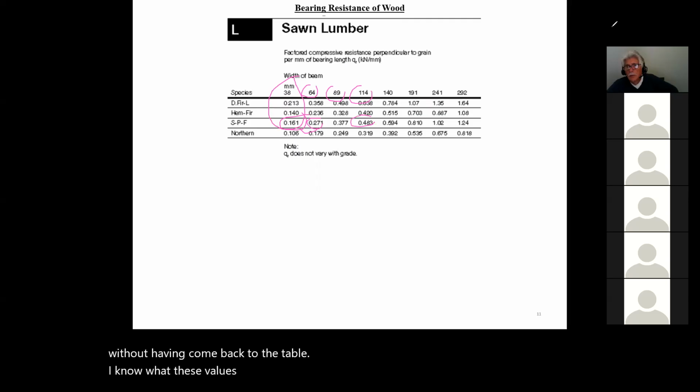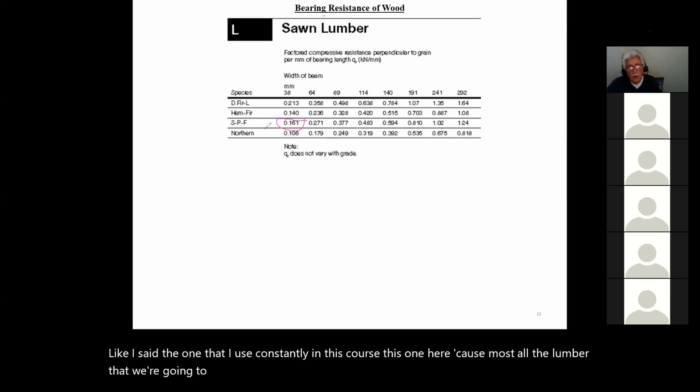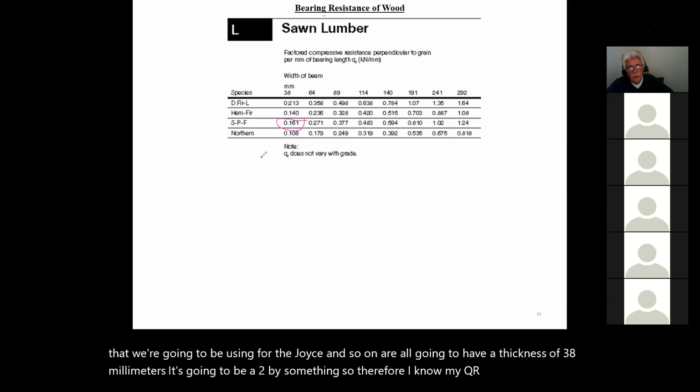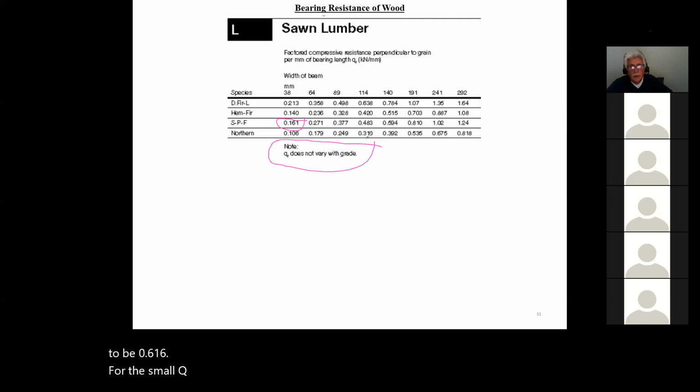But the one that I use constantly in this course is this one here, because almost all the lumber that we're going to be using for the joists and so on will have a thickness of 38 millimeters. It's going to be a 2 by something. So I know my QR value is going to be 0.161 for this small QR value in my equation.